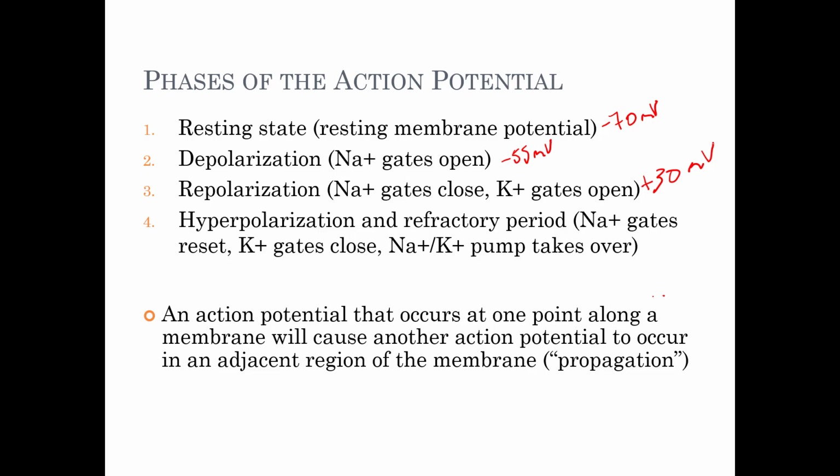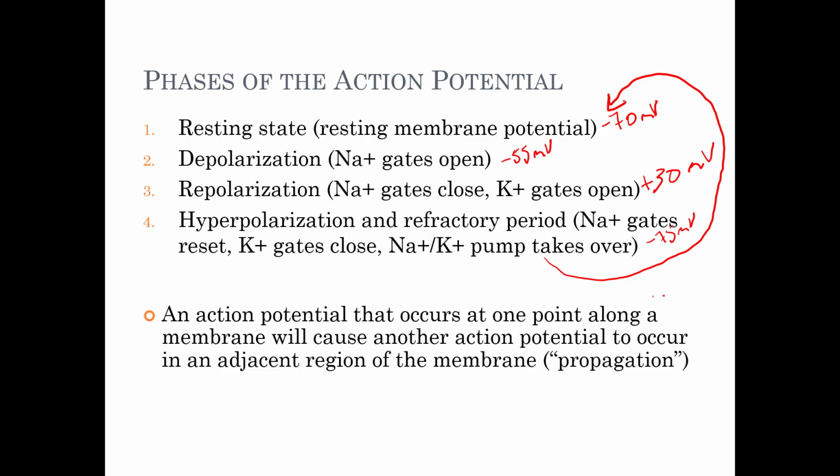This begins the repolarization at plus 30 millivolts. The signal is sent so the sodium gates close and the potassium gates open. We get to minus 75 millivolts, which is considered to be hyperpolarization. This is where the sodium gates reset, the potassium gates close, the sodium-potassium pump takes over, and of course that takes us back to the resting state at minus 70 millivolts.